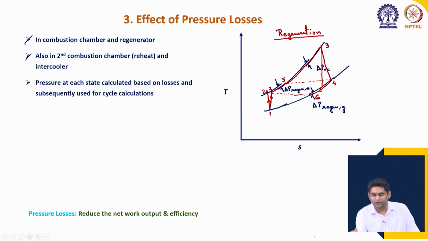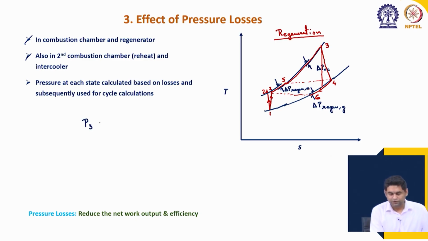So, how are these incorporated in calculations? Let us say we calculate the pressure P3 in terms of P2: P3 equals P2 minus delta P regen A minus delta P CC.